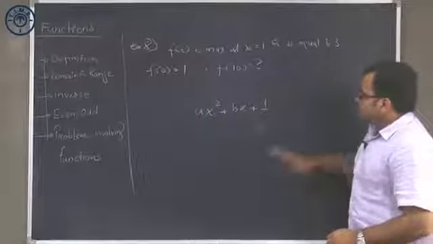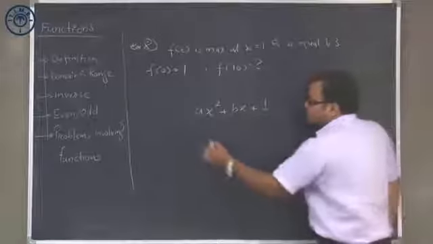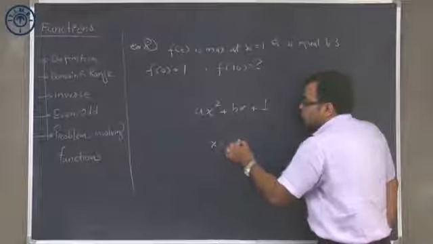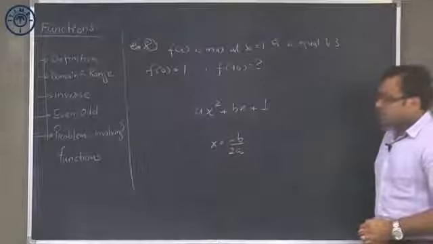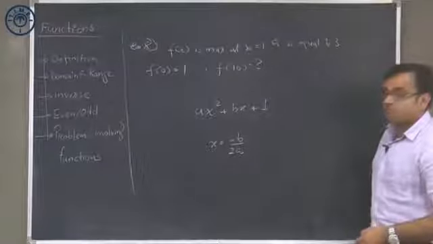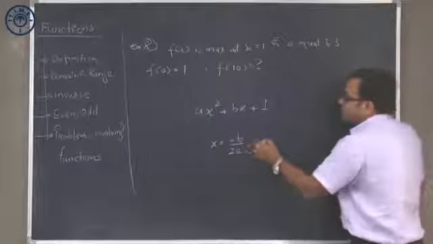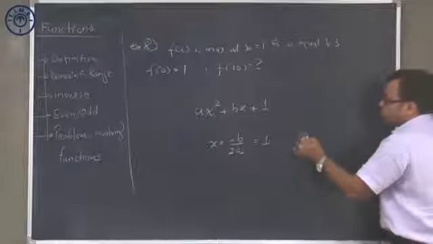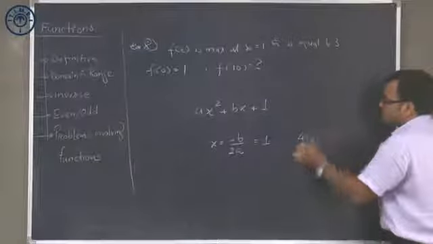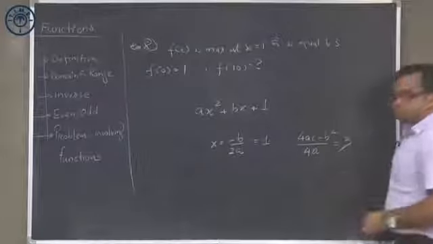Next, this function has a maximum or a minimum value at x equals minus b by 2a. If it has a maximum or a minimum value at x equals minus b by 2a, that means that this is equal to 1, and this value is 4ac minus b square upon 4a, so that will be equal to 3.